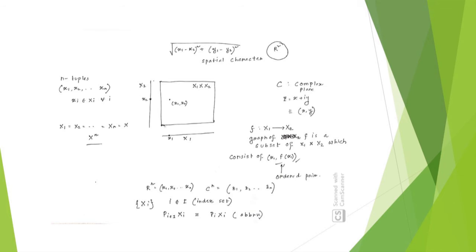We call the set capital Xi the ith coordinate set. When there is no confusion about the index set, the symbol product of Xi, where i belongs to the index set capital I, is often abbreviated to the product over i of Xi.